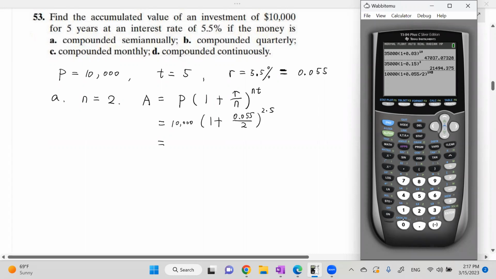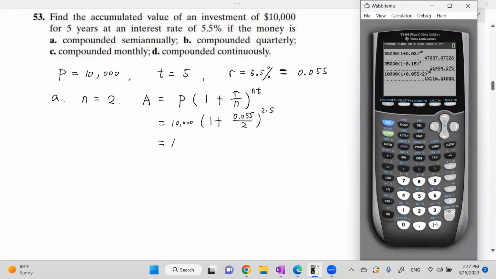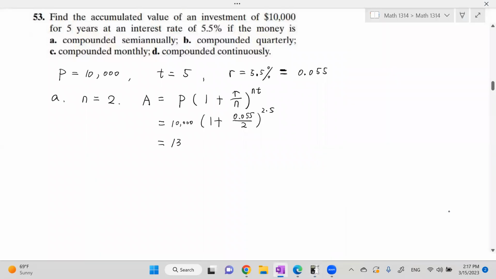You can also put 2 times 5 there. It doesn't matter. And then move the cursor to the regular position, hit enter. I hope the calculator stays there so I can copy the information. Oh, it's disappeared. How do I make it come back? 116, I remember that.